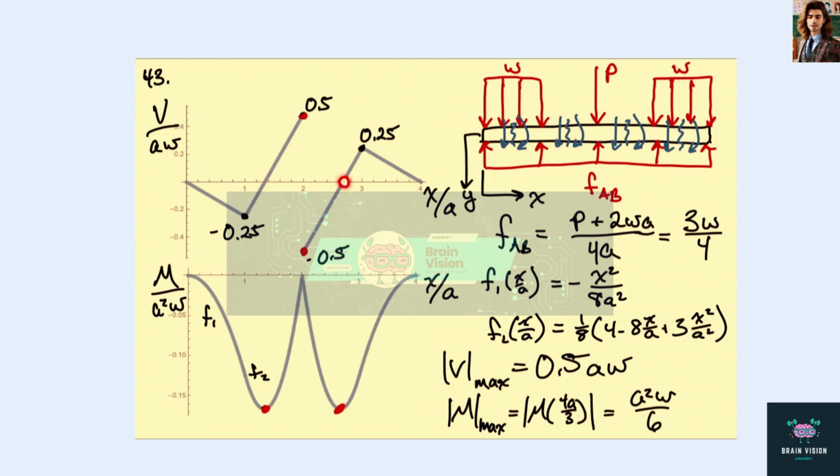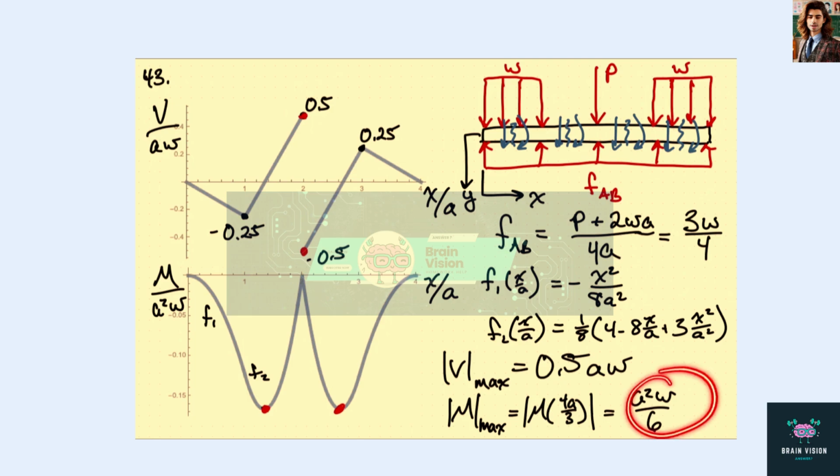So at these two points here, that turns out to be 4/3 A. So 4/3 A is here, and then again over at 2 2/3 A is here.